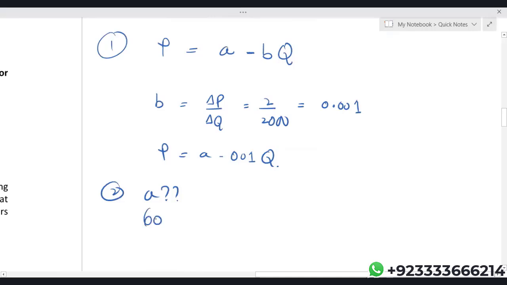When the price is 60, the demand is going to be 250,000.